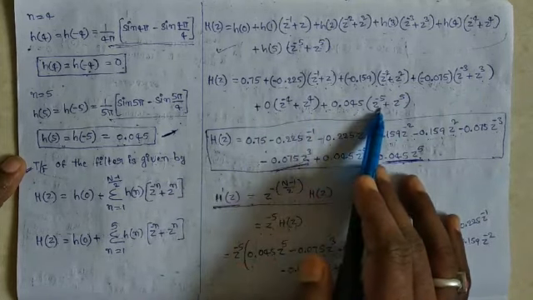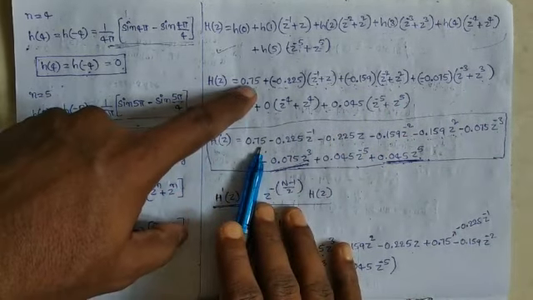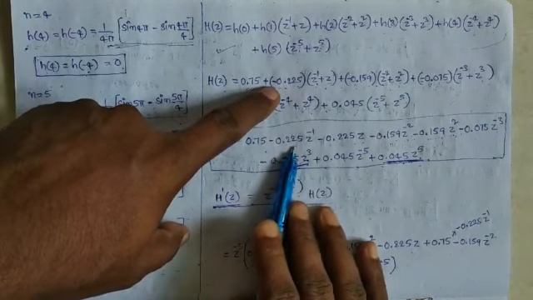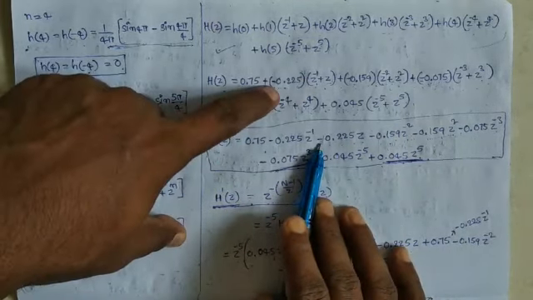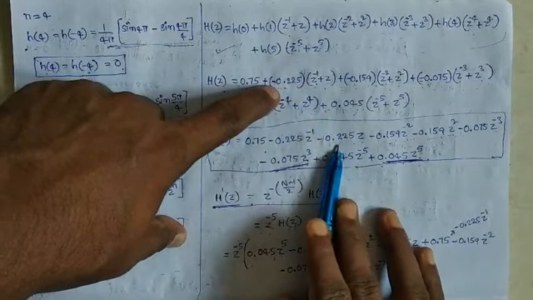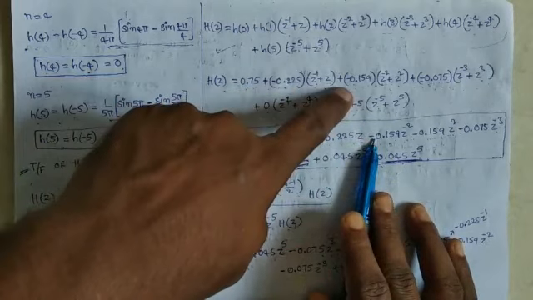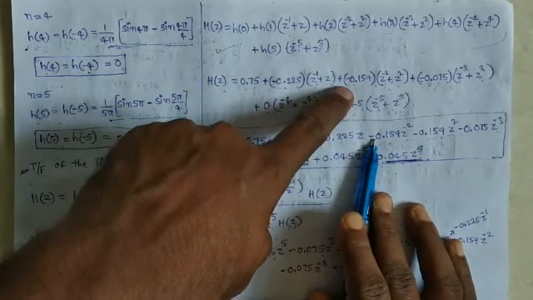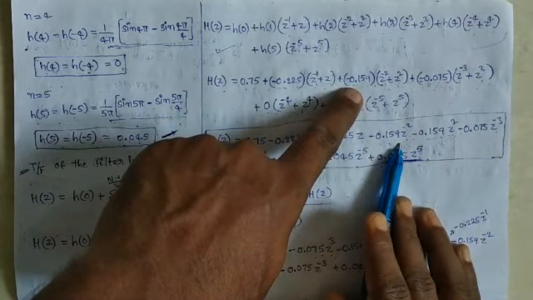Similarly this is multiplied with these two terms. Here 0.75 minus 0.225 z power minus 1 minus plus into minus 0.225 z. Similarly plus into minus 0.159 into z power minus 2.